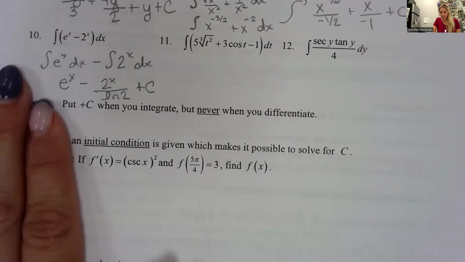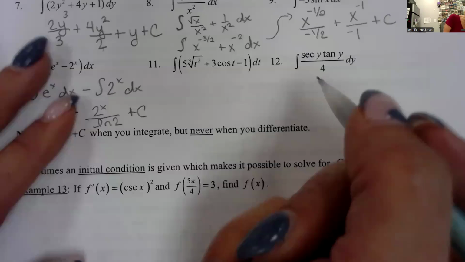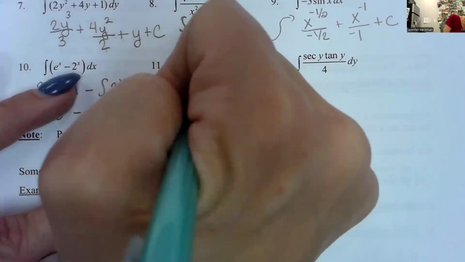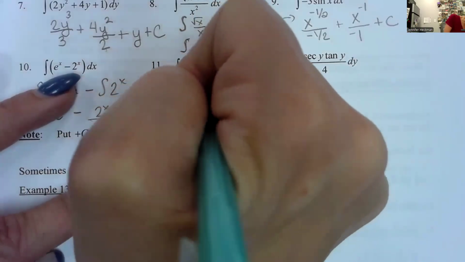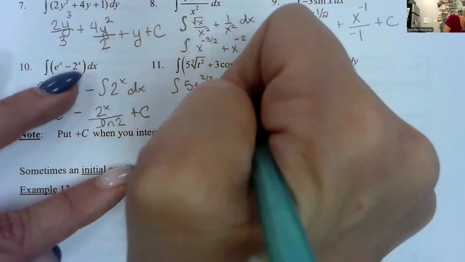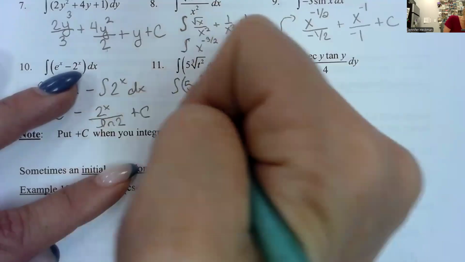All right, I'm going to rewrite 11. I'm not going to separate them, but I'm definitely going to rewrite that cube root. So we take the integral. This is 5t to the 2/3 plus cosine t minus 1. Now, why do they have parentheses here?